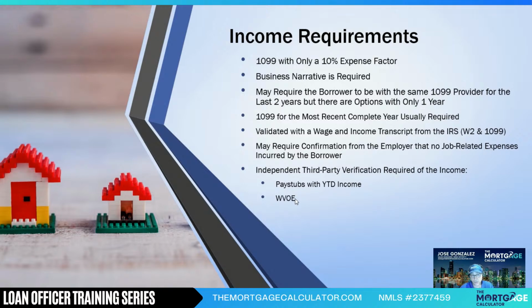That's it. So gross income on the 1099, deduct 10%, use 90% of that as your net income for that borrower.